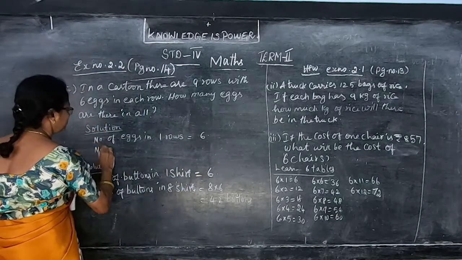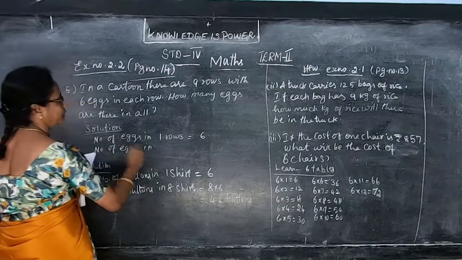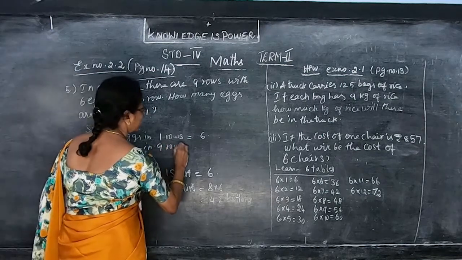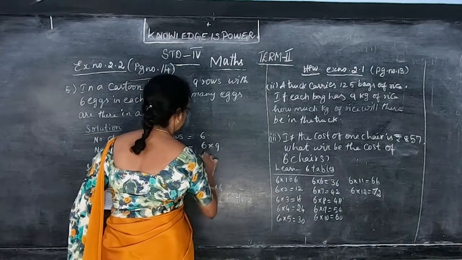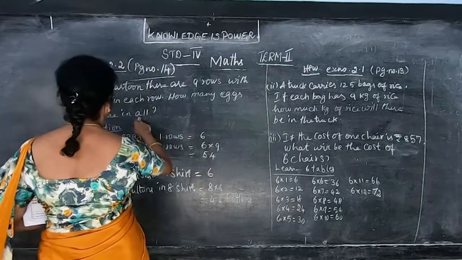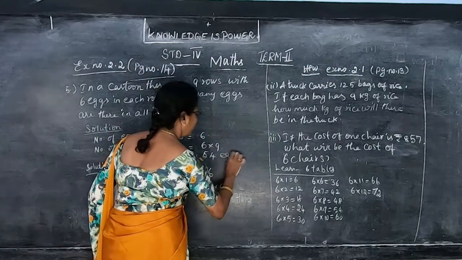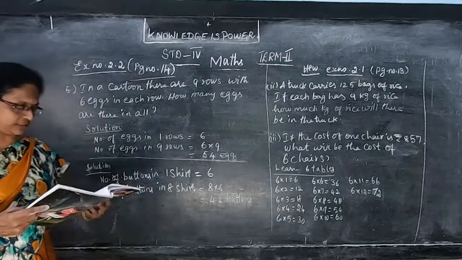Number of eggs in 9 rows is equal to 6 into 9. 6 nines are 54. So totally there are 54 eggs. You can write the statement easily like this, children.